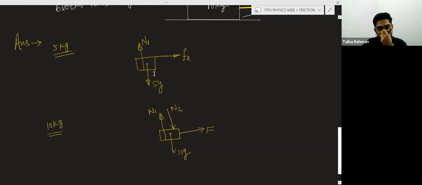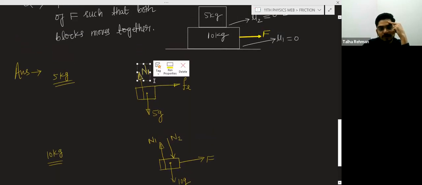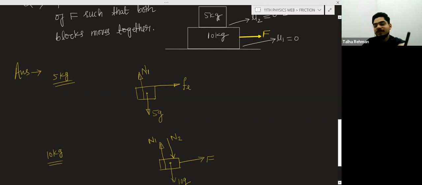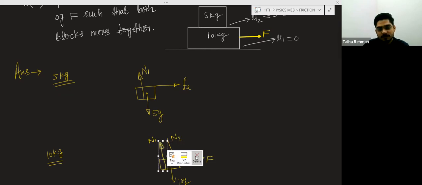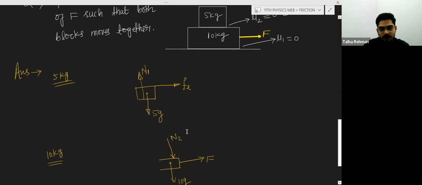Got it? Basically, this is N1, a normal reaction by the surface of the 10 kg block on the 5 kg block.